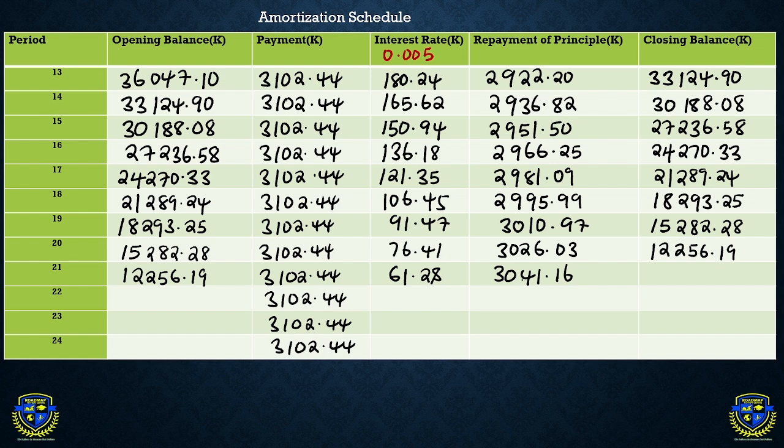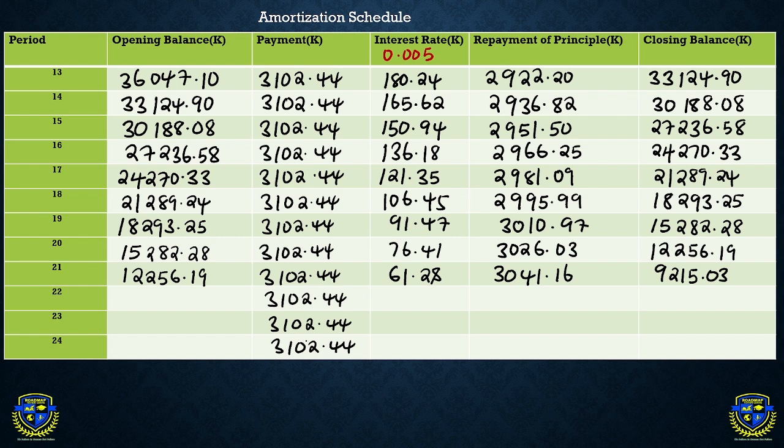Subtracting 3,041.16 from 12,256.19, that is going to give us a 9,215.03.